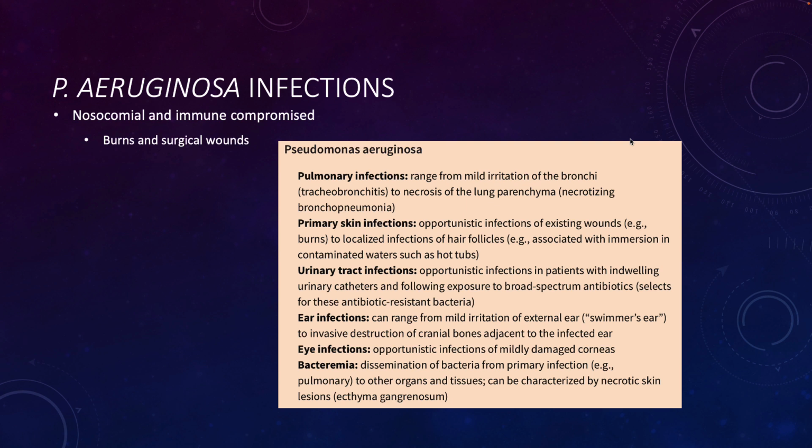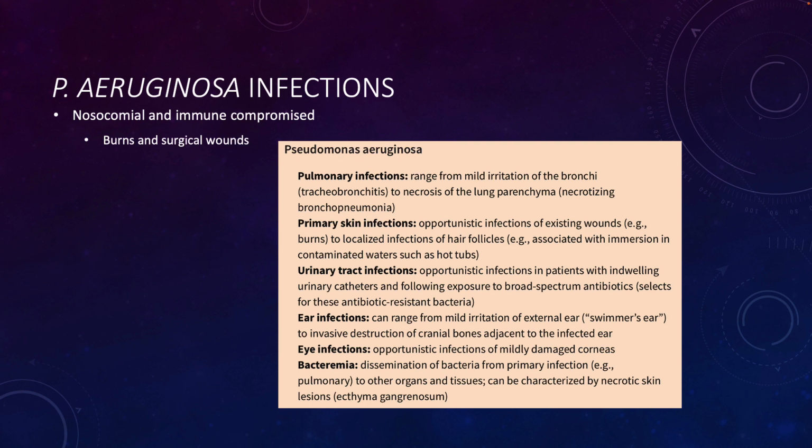Where we tend to see these infections a lot are in our hospitalized patients and our patients who are immunocompromised. And in our hospitalized patients, these are really common in burn and surgical wounds, but we also can see pulmonary infections, especially in patients who have cystic fibrosis.